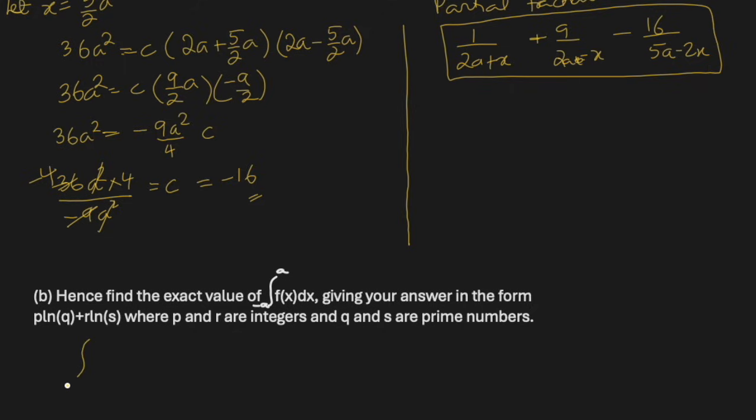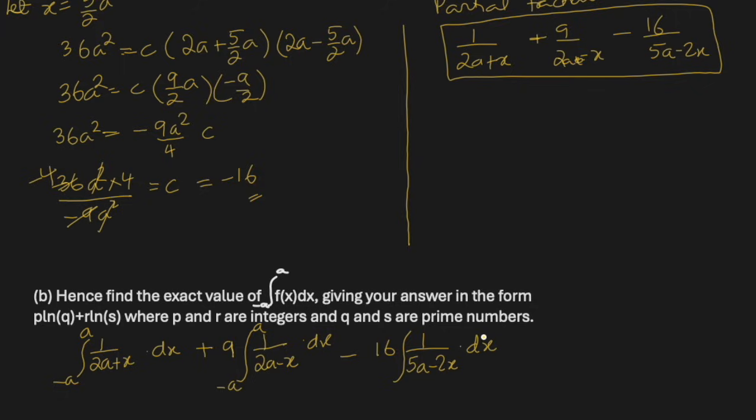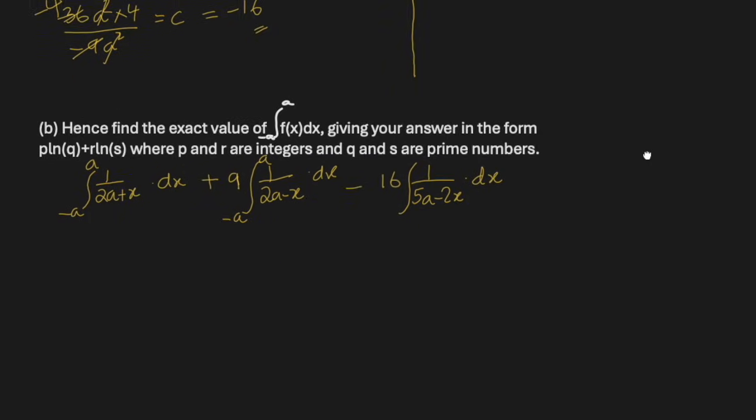So let's do them separately. 1 over 2a plus x from negative a to a, then plus 9, let's write 9 outside, 1 over 2a minus x from minus a to a, and lastly minus 16, 1 over 5a minus 2x dx. We have to integrate these, and all of them are linear, so it's not a big deal.